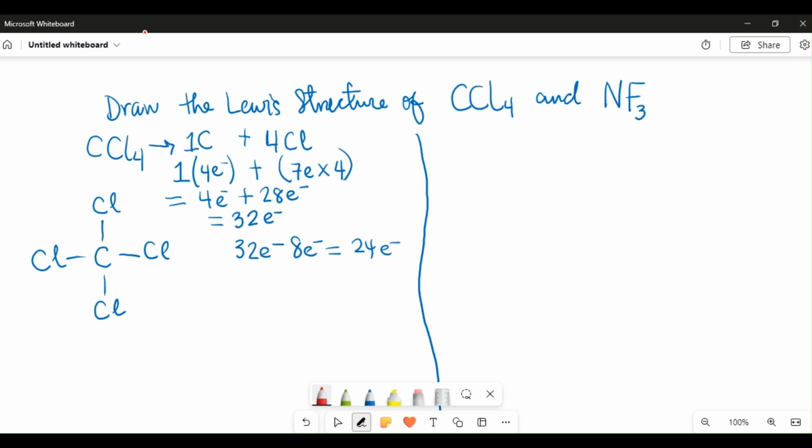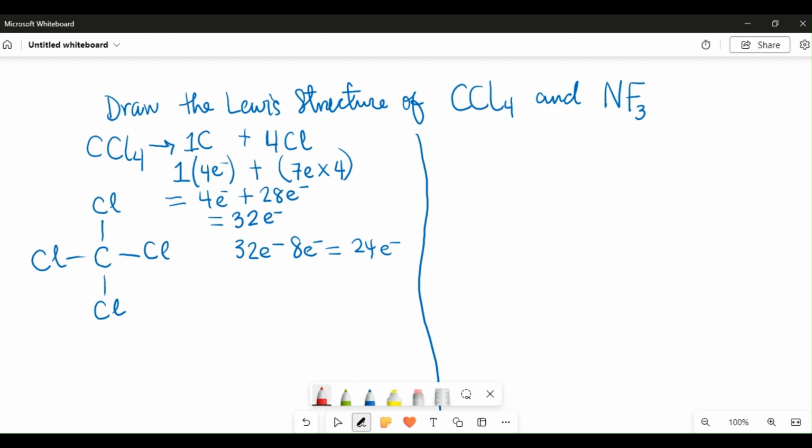We're not going to add any lone pairs on carbon. Carbon has 4 valence electrons, and to follow the octet rule, there should be 8 electrons surrounding carbon, and 4 electrons directly next to carbon.